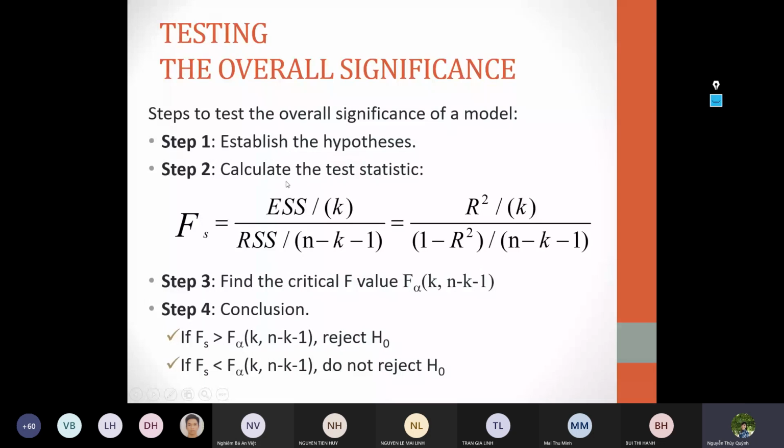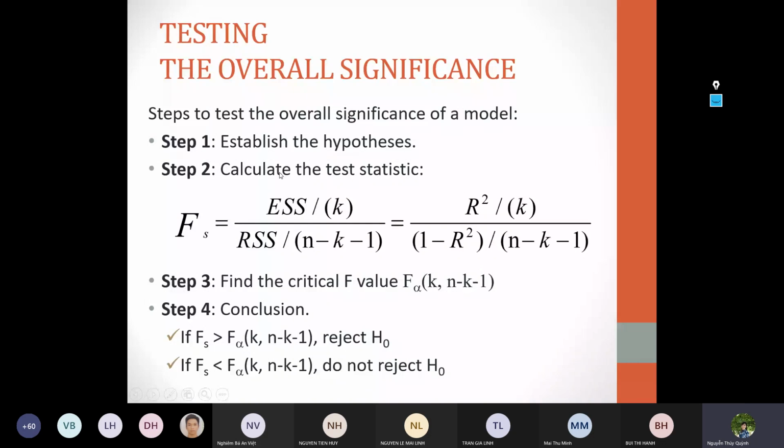Now let's look in more detail at the f-test we are using. Step one, we have to state the hypothesis. For every test, the first step is to state the hypothesis. Remember that. Do not forget the hypothesis. You can use either of the hypotheses we have discussed, maybe about the betas or maybe about the R squared.